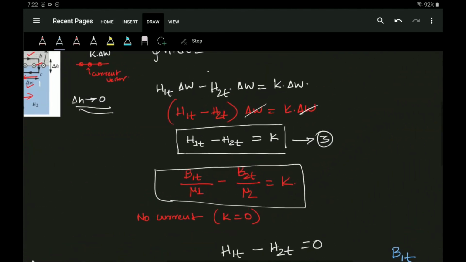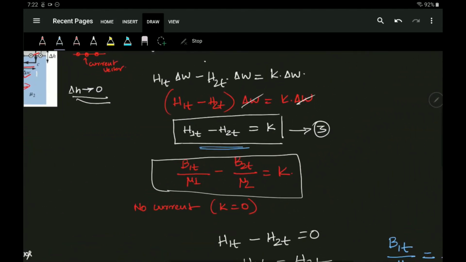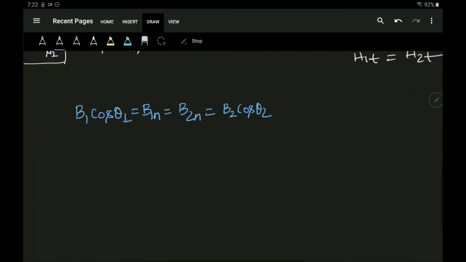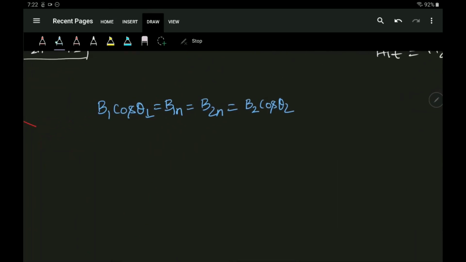Similarly, if I use my magnetic field intensity's expression, that is H1t minus H2t is equal to 0 for a charge free region, I can write that particular expression as H1 sine theta 1, which is nothing but H1t, which is equal to H2t for a charge free region.